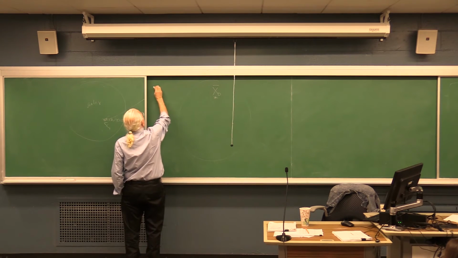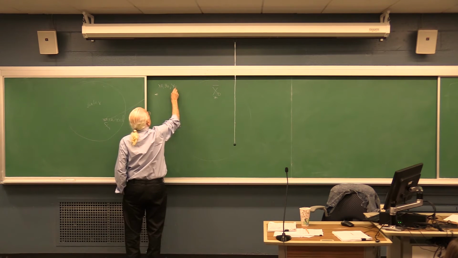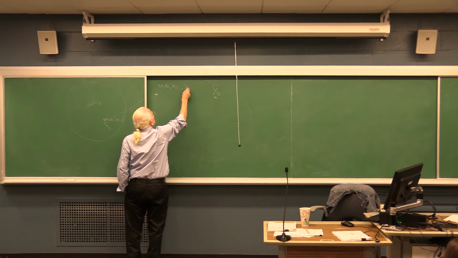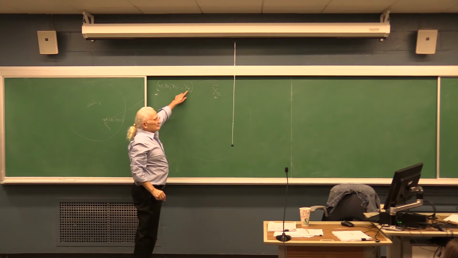So this is a point x1, x2, x3, up to xp. I just want to stick with the notation. P is the number of dimensions.